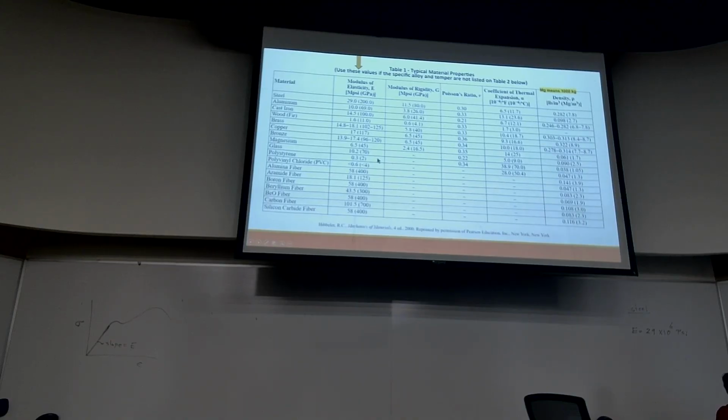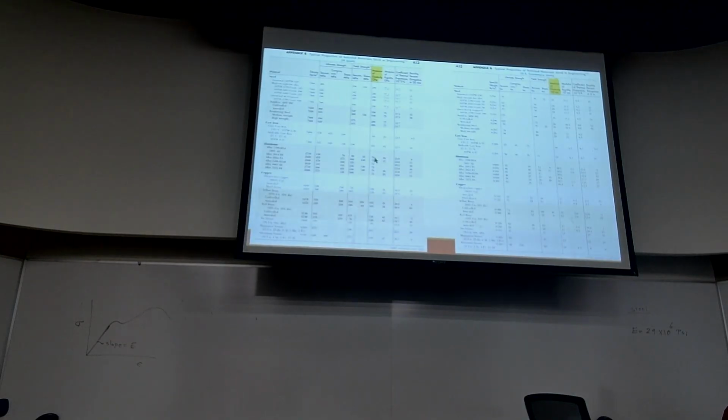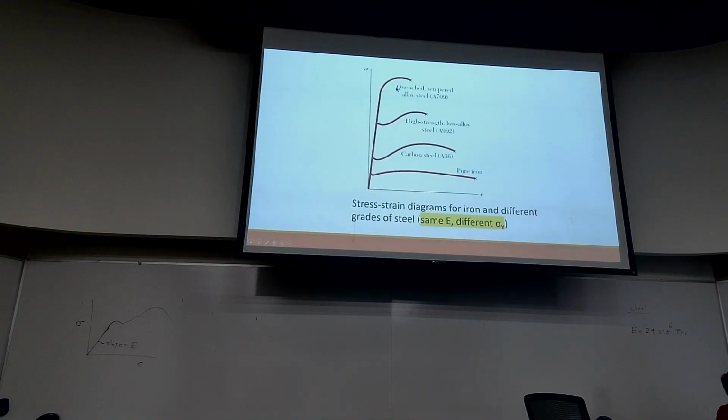So if you go back to our table, we have 200 gigapascal all the way down to here for different types of steel. But what's different is sigma U, which is the maximum sigma after which we have failure. Obviously, the sigma U's are very different.